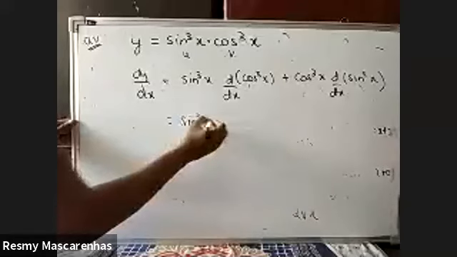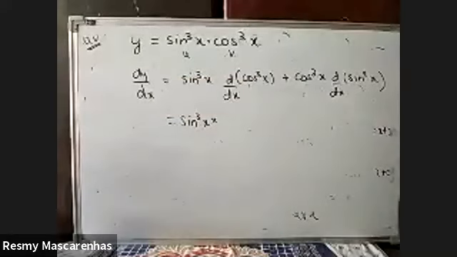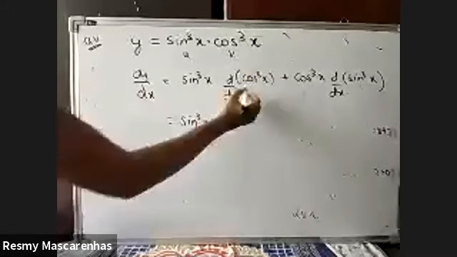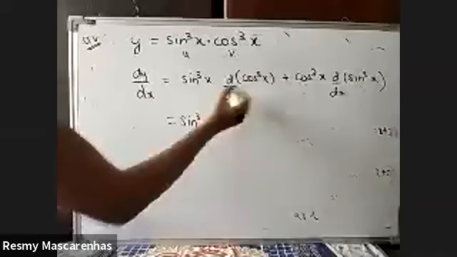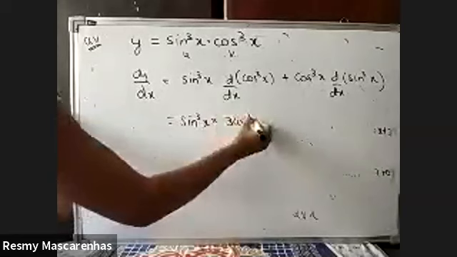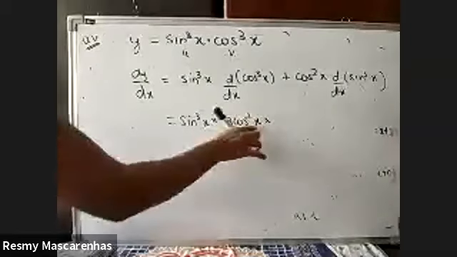Sine cube x. Now I want to take the derivative of this. So this can be written as what? cos x the whole cube. So first what will it become? I'm directly writing the answer now. See, the derivative of cos cube x is how much? 3 cos square x, because it is like x cube, 3 x square, into what is the derivative of cos x?